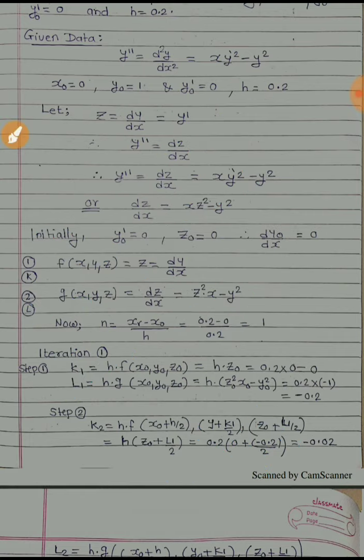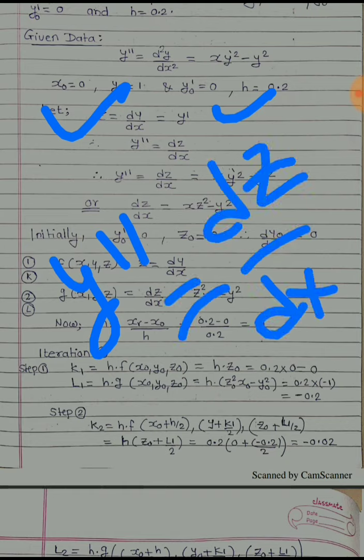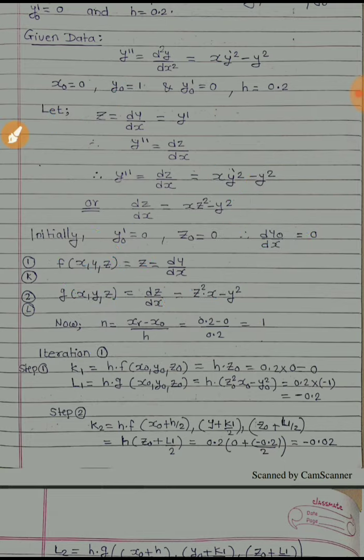The same thing is written here, z is equal to dy by dx, that is equal to y dash. If I consider this as y dash, then y double dash can be written as dz by dx, and hence the equation of y double dash can be equated to dz by dx as mentioned here.